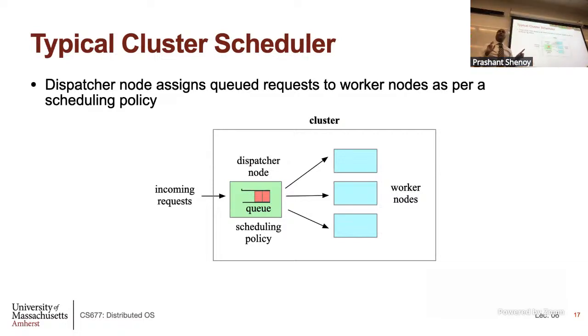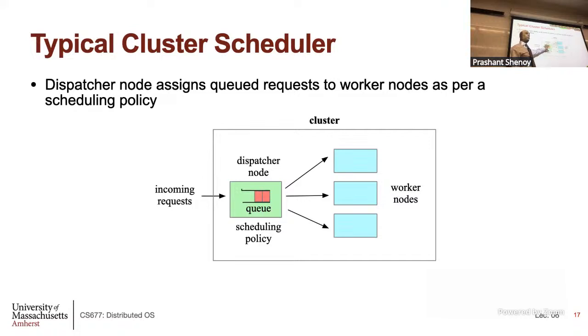Now, regardless of whether your job is a single HTTP request or a long-running computation, this is the picture we'll keep in mind for our cluster scheduler. Jobs are going to come in. They'll come into a machine called a dispatcher. The dispatcher will have a queue. The jobs will come in and enter the queue.